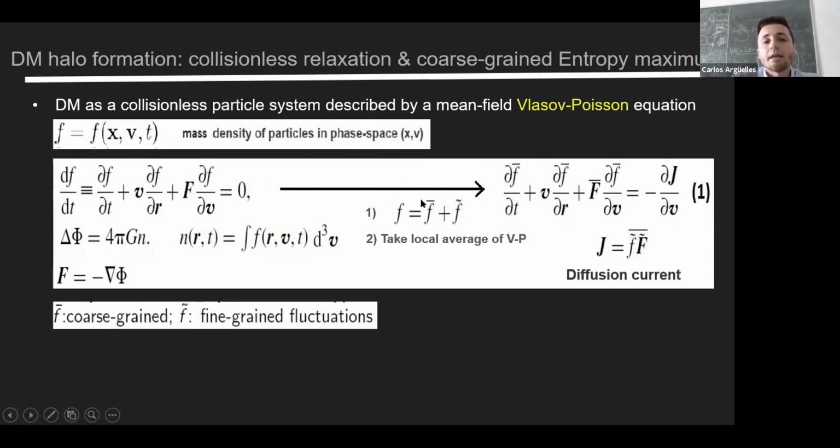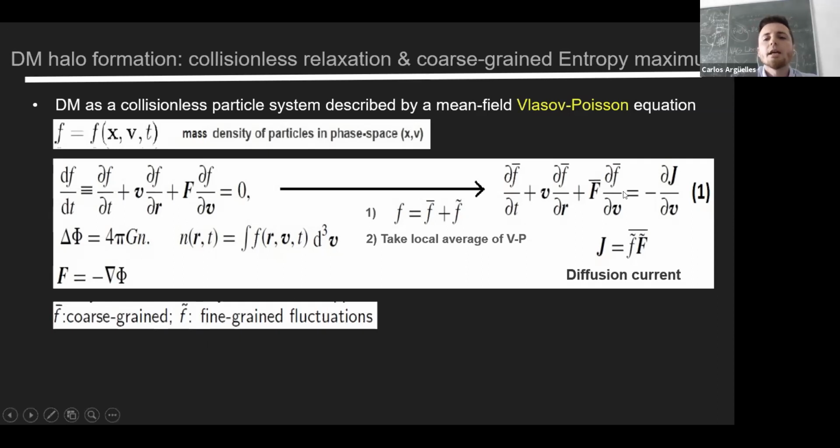And interestingly, this Vlasov-Poisson equation, which is in terms of fine-grained phase space density, can lead to a coarse graining where the distribution function is separated into an average plus fine-grained density fluctuations, f tilde.